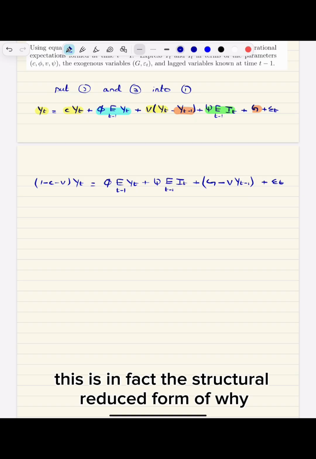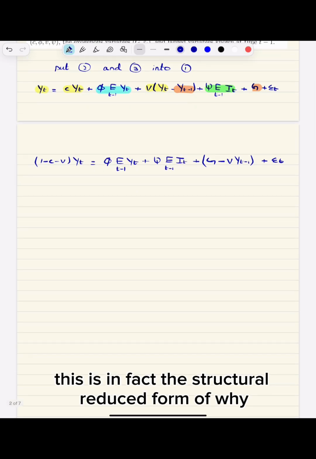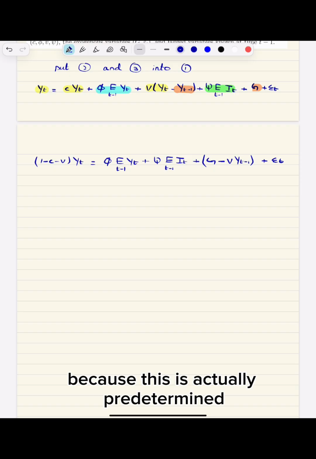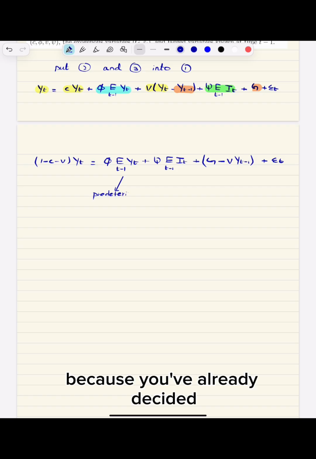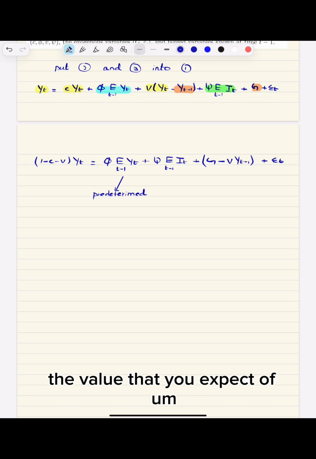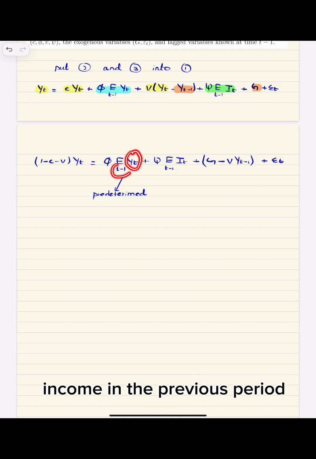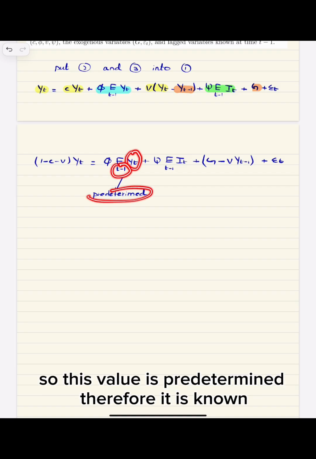Okay, this is in fact the structural reduced form of Y, because this is actually predetermined, because you've already decided the value that you expect of income in the previous period. So this value is predetermined, therefore it is known.